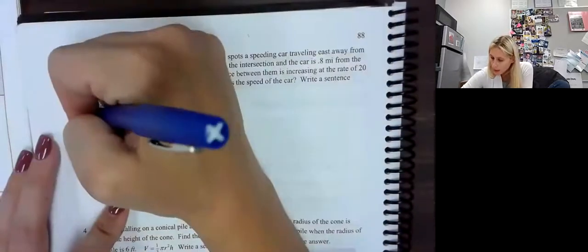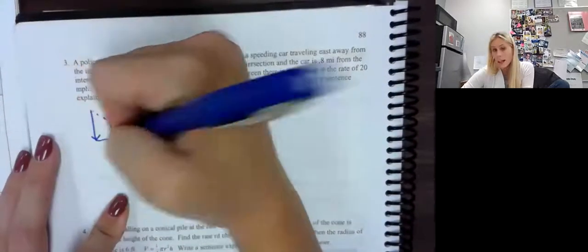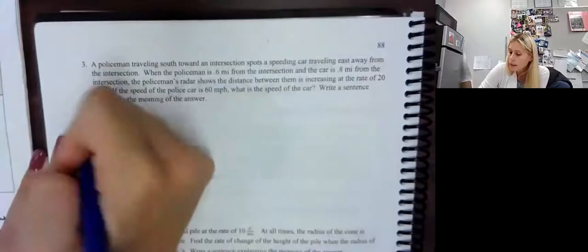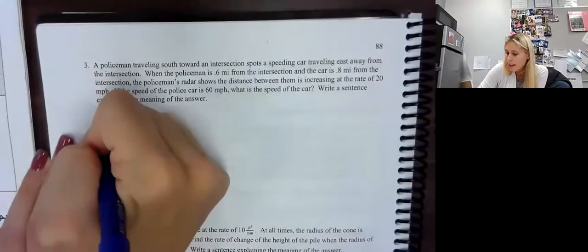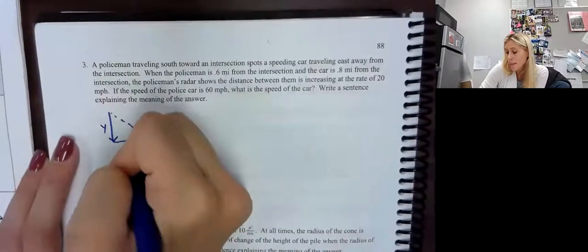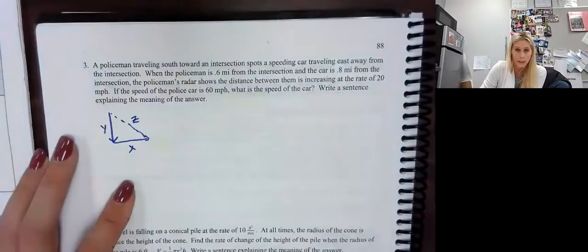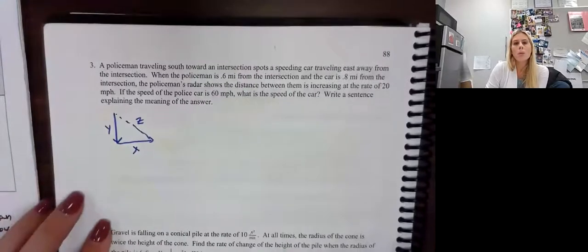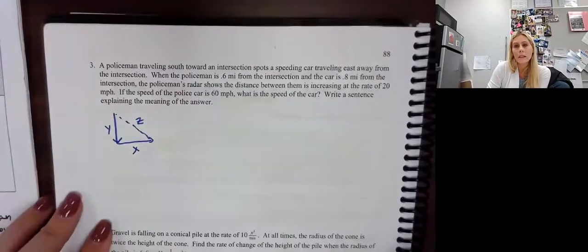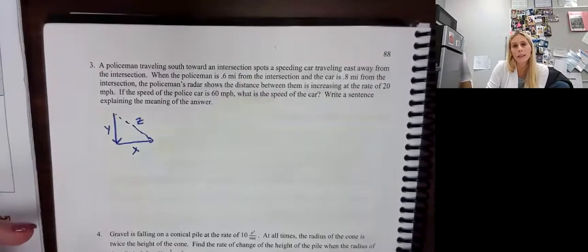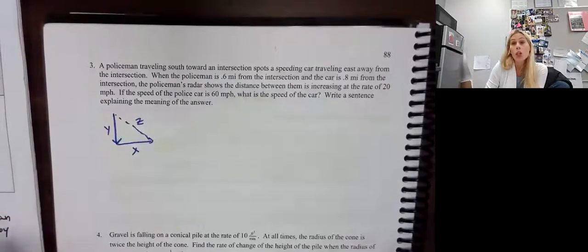So here we created a right triangle. I'm going to keep Y as my vertical, X as my horizontal, and Z as my hypotenuse, because that helps me out there. So when the policeman is, okay, now is he always 0.6 miles away from the intersection? No, he's not.